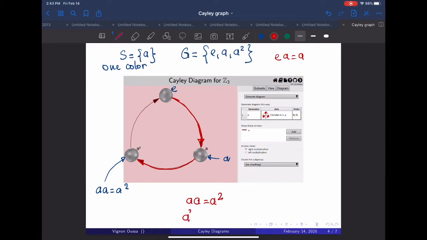And if I take A squared times A, I will get A cubed, which is E. So these two vertices are connected by again a red edge.